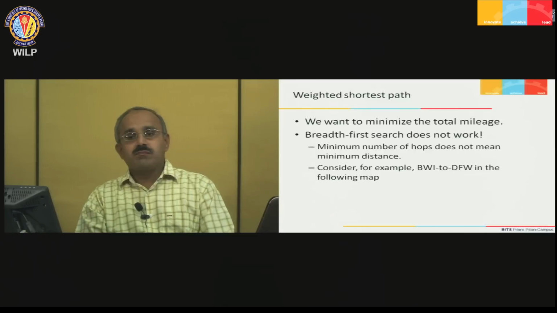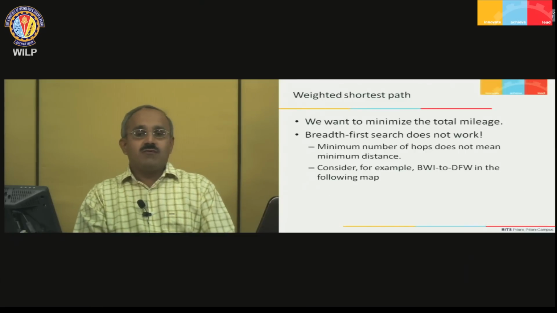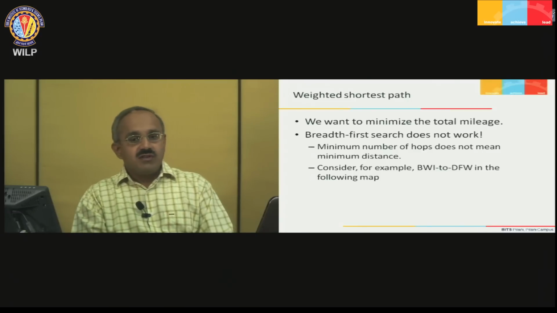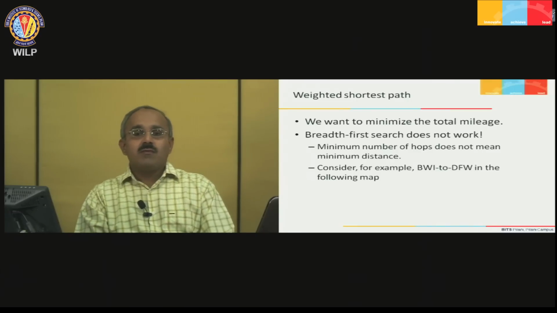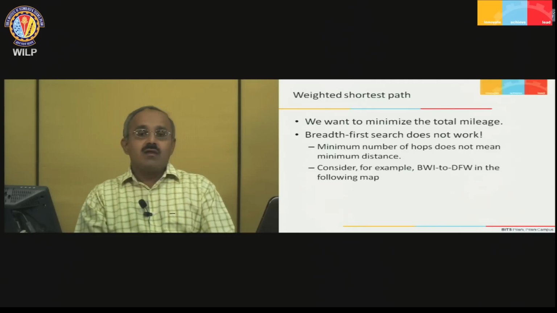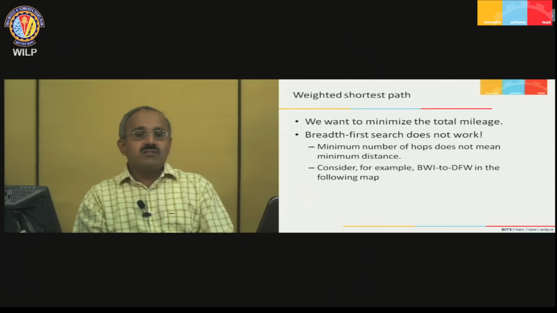Now, if you consider your graph to be a weighted graph, then it can be easily observed that minimum number of hops does not always mean a minimum distance. Breadth first search on this particular graph would give us, given u and v, the minimum number of hops required to go from u to v.